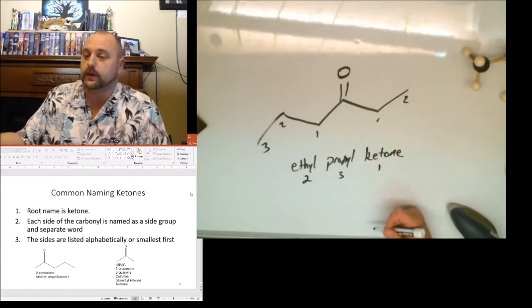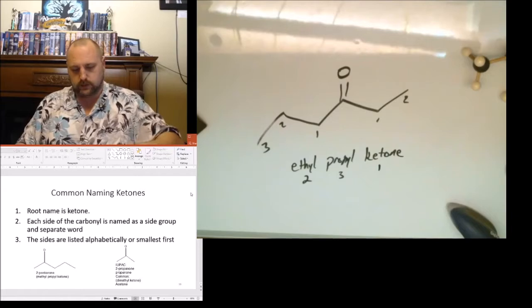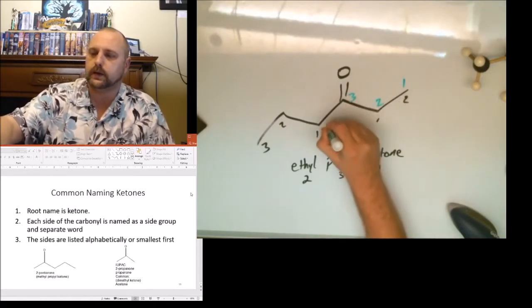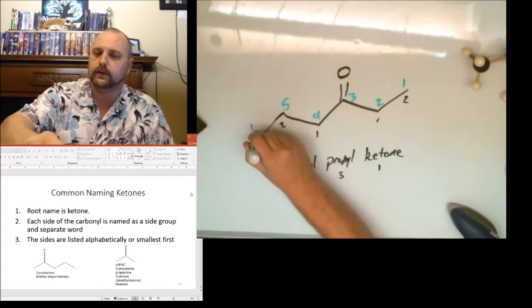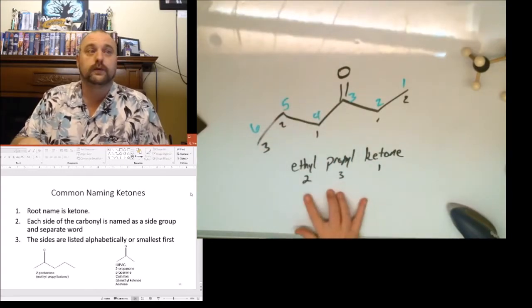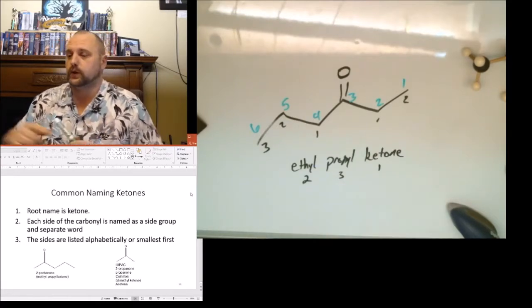This is 1 carbon there. So even though I have a total 1, 2, 3, 4, 5, 6 carbons, when you just look at the first 2 words, a lot of times you forget that there's a 1 stuck in there.